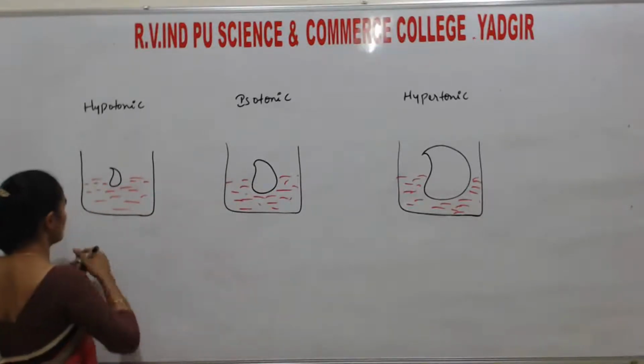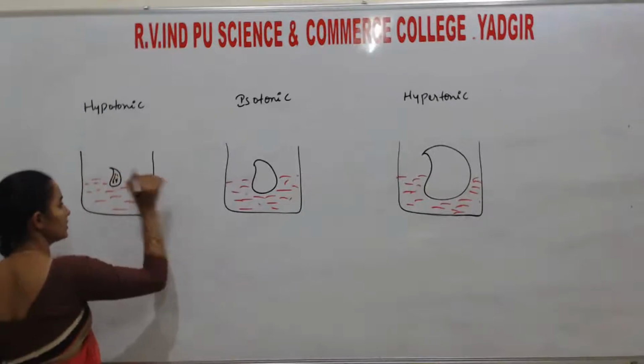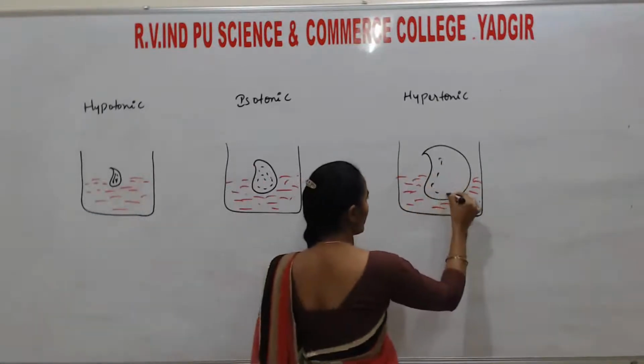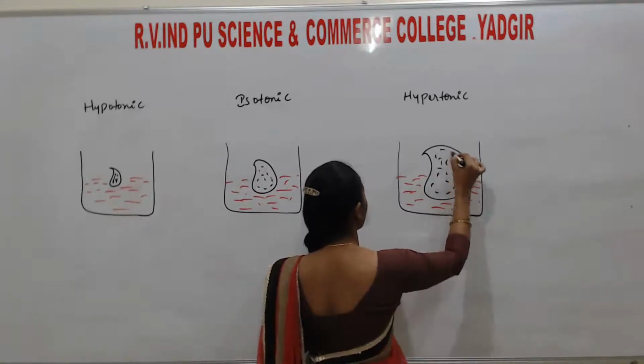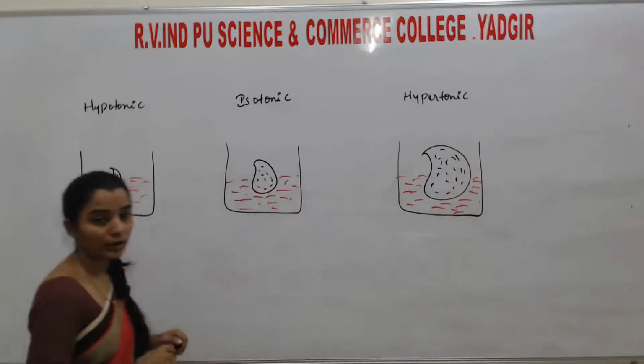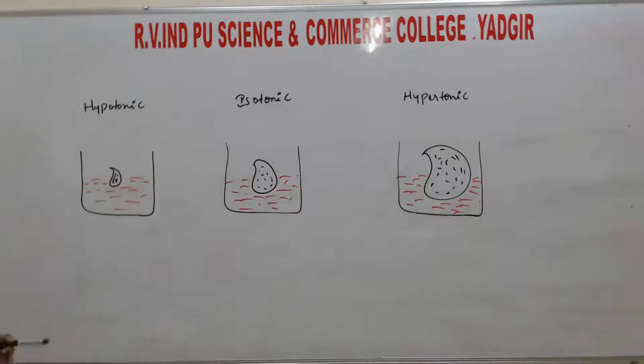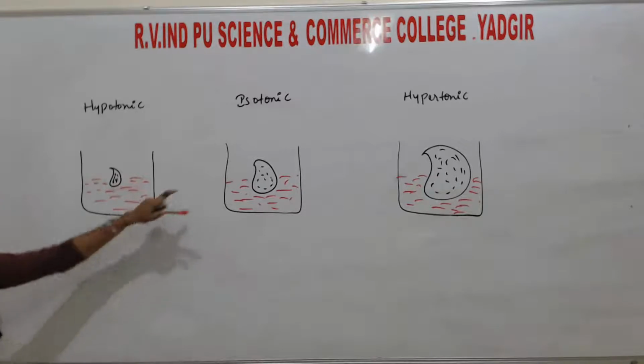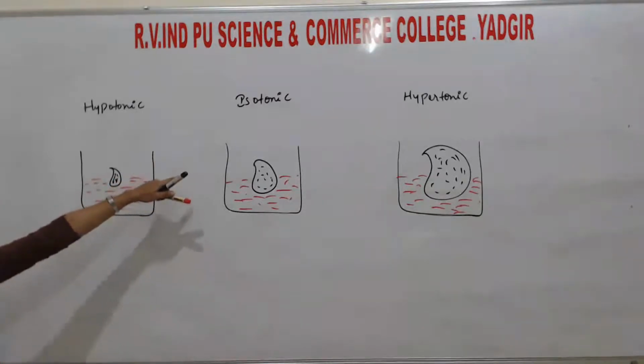Assume this is one type of solution inside, and this is also one type of solution. Assume the potato is placed in saline water. So what happens, students? If two different solutions are there with different concentrations, then this type of reaction occurs. If so, this is called an isotonic solution.